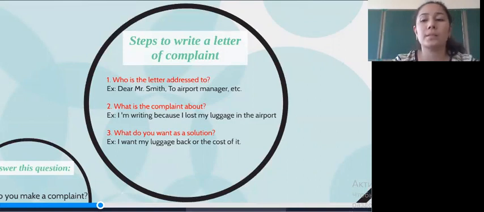As we see in the example, two suggestions, two solutions, are given by the author. The first one is that she wants her luggage back, or if they can't find the luggage, they can pay the cost of it. It can also be the second solution.